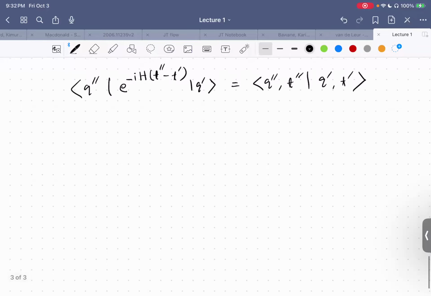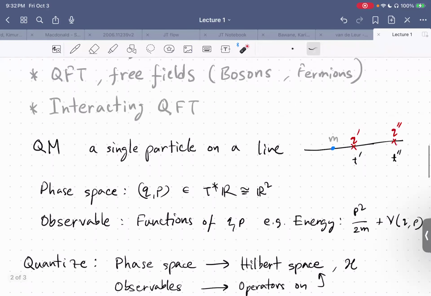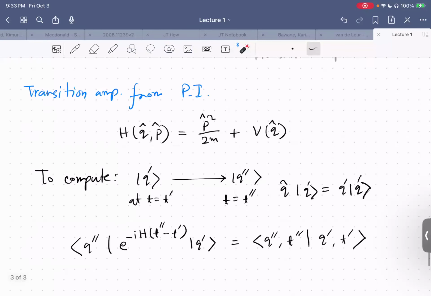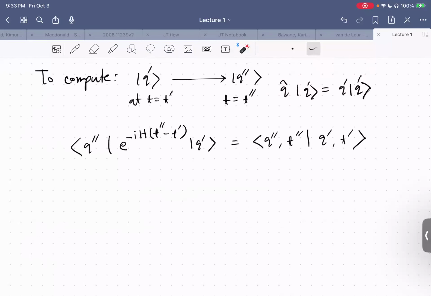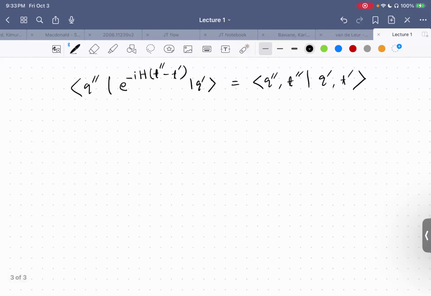So now what we're going to do is split this process into discrete steps. Instead of going from here to here in a smooth way, we are going to measure this transition amplitude by dividing up our time interval into smaller intervals, asking what is the amplitude to go from one location to another in a small interval, and then taking the product. Let me first write it, and then I'll explain it.